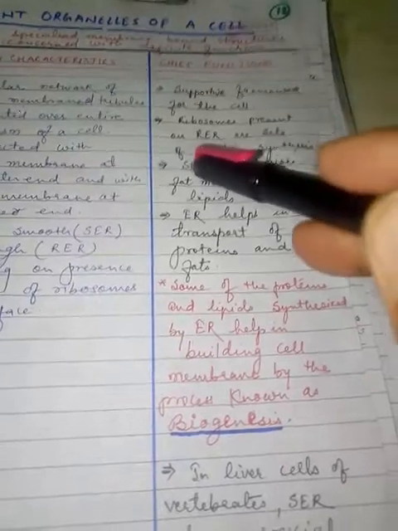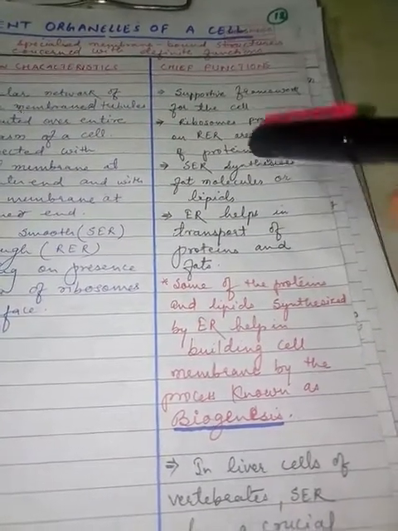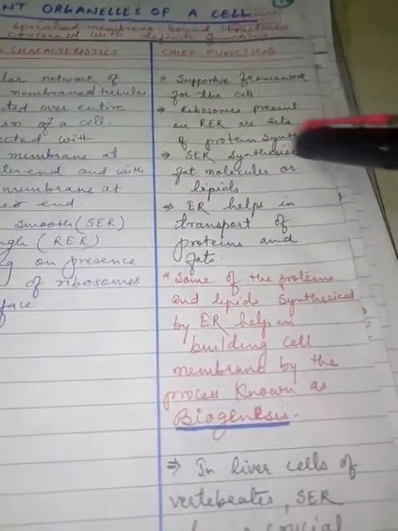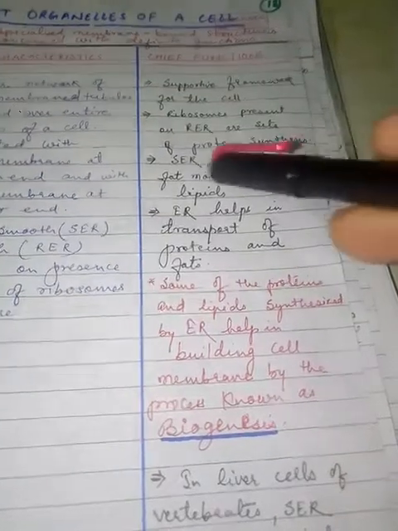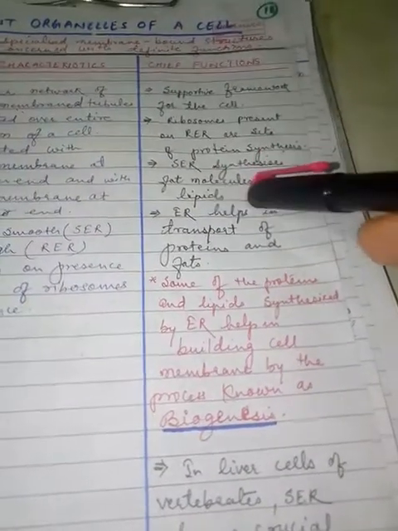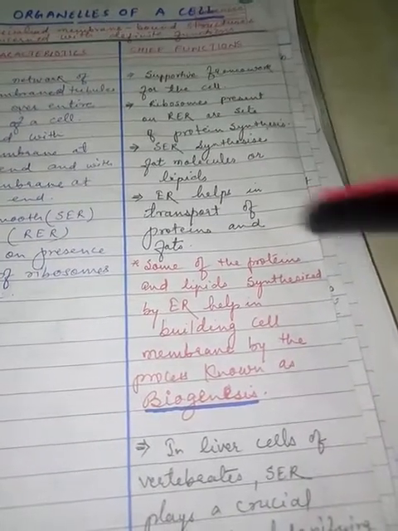Next is the smooth endoplasmic reticulum. Both kind of endoplasmic reticulums are present inside the cell. Smooth endoplasmic reticulum helps in the synthesis of fat molecules or lipids, we can say.